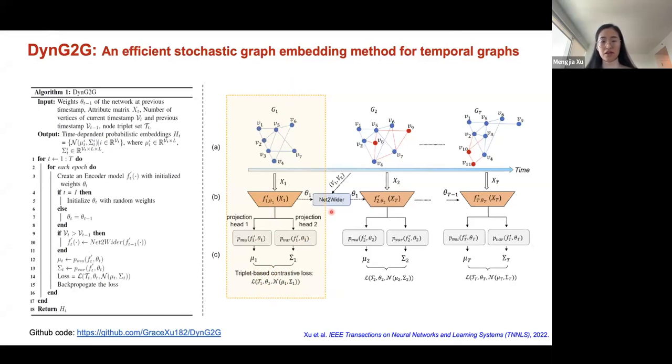One important step is that when you go to another time step, there will be a different number of nodes, so the graph adjacency matrix will change. So we need to use Net2WiderNet, a method developed by Google, I forgot which year.